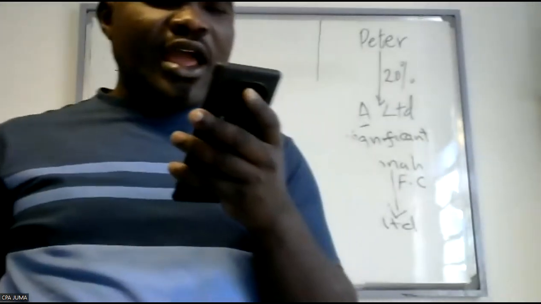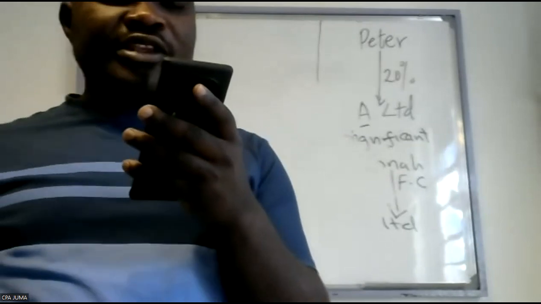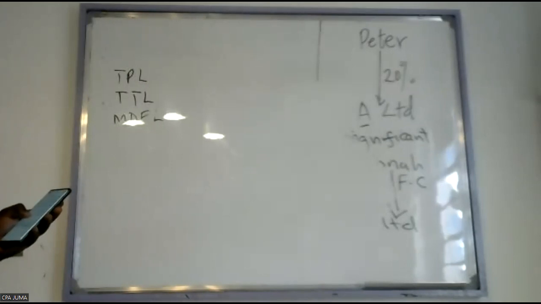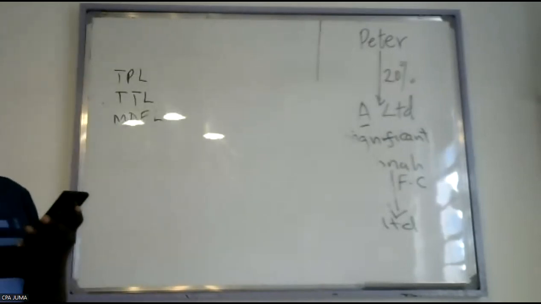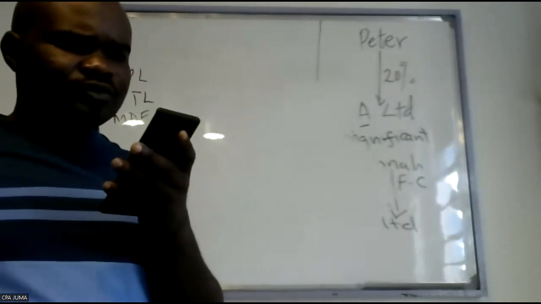MDFL, a 40% associate of Tourist Paradise Limited. Tourist Paradise is your TPL. So MDFL is an associate of this, so they are related parties. So all the three are related parties so far. We continue.